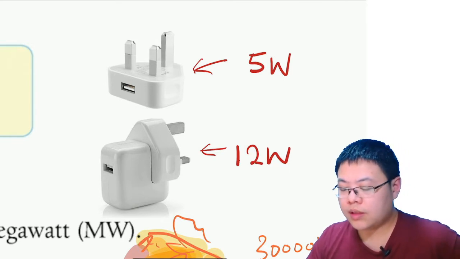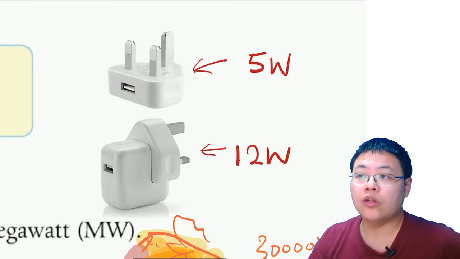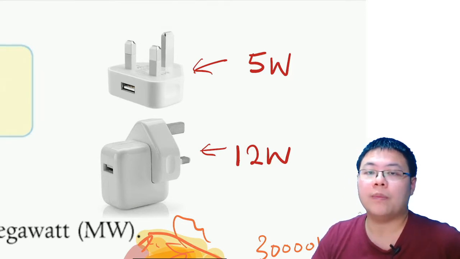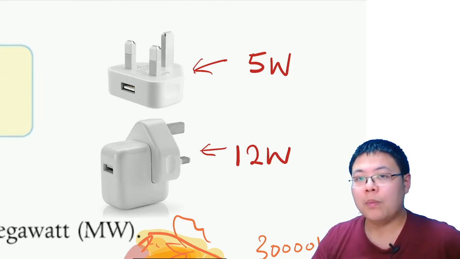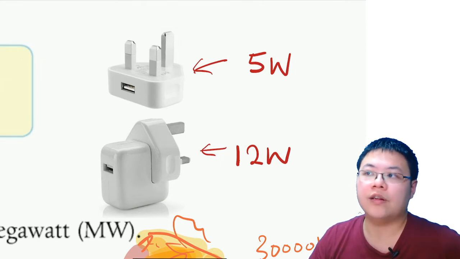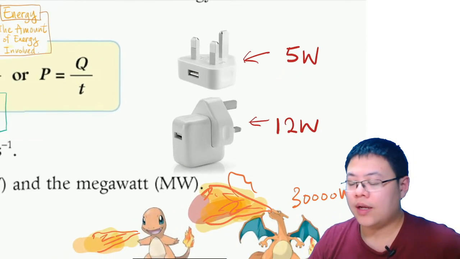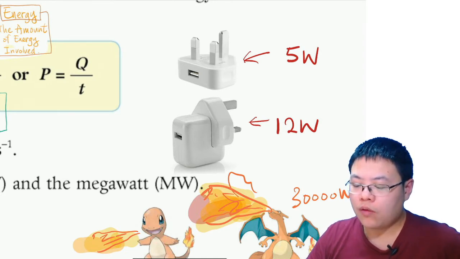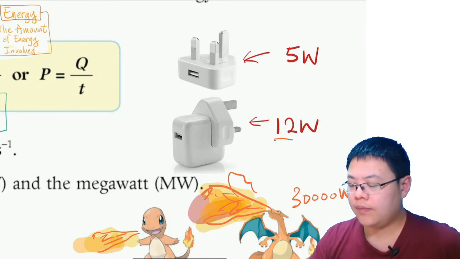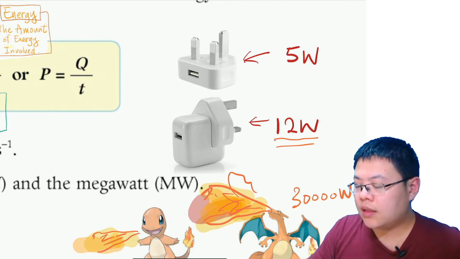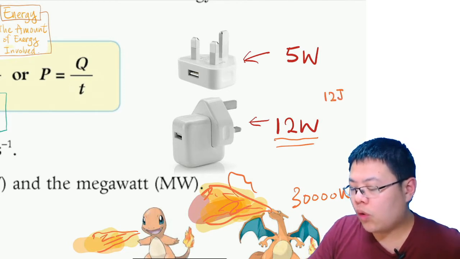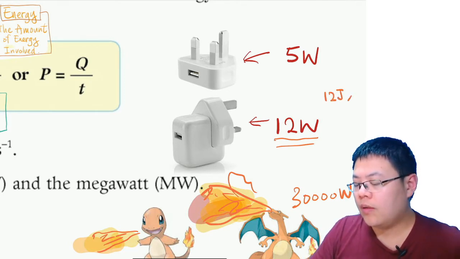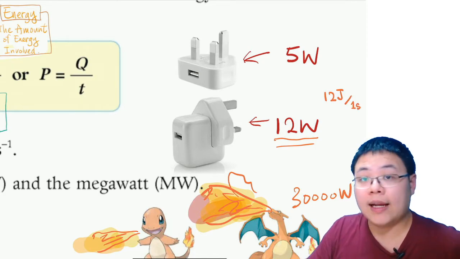So if you use the bigger one to charge your phone, it will charge up faster because more energy is delivered per second. So how much energy? It is 12 watt, so it is 12 joules of energy per 1 second.